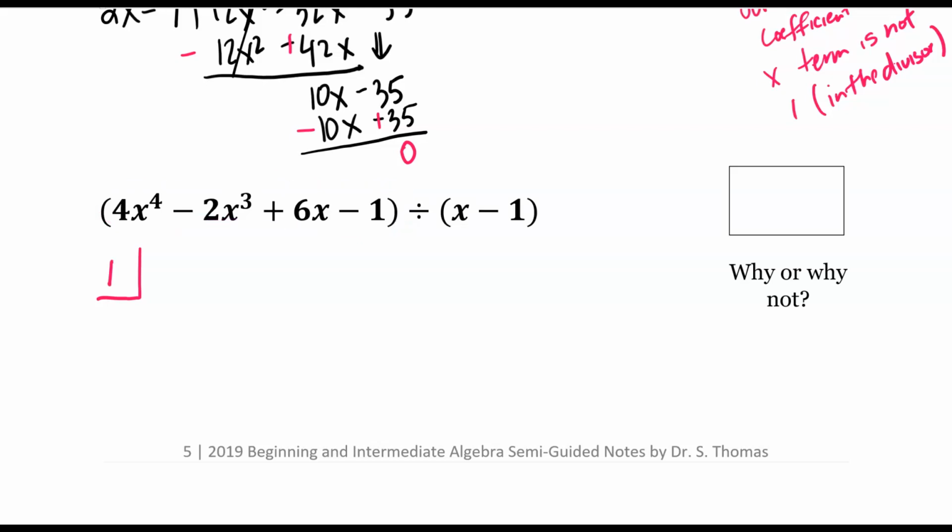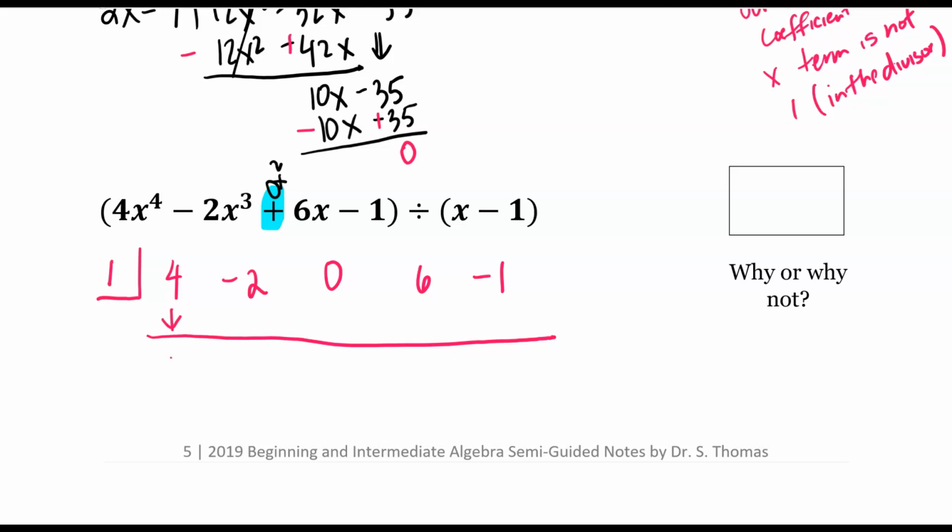Yes. You're missing an x squared term, so you need to replace it with 0x squared. So what are our coefficients? They are 4, negative 2, 0, 6, and negative 1.